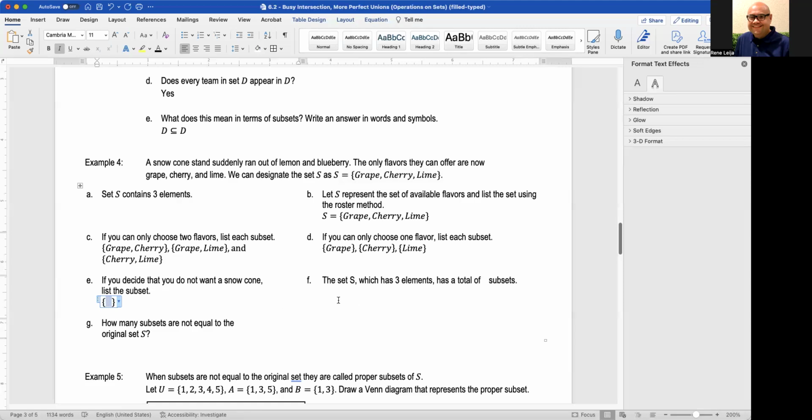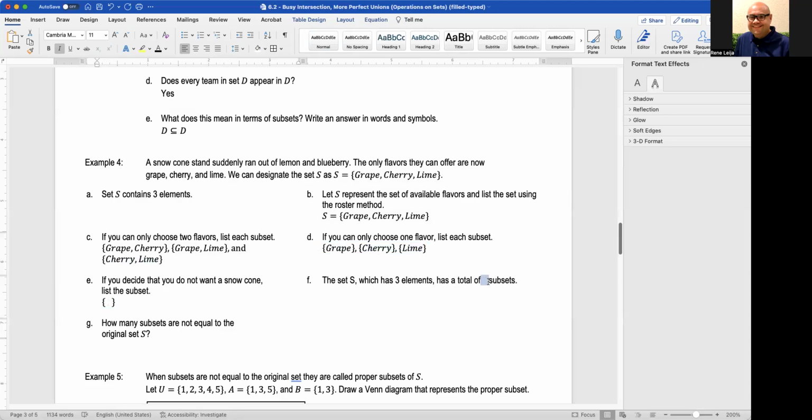All right, now the set S, which has three elements, has a total of how many subsets? So remember this, the set grape, cherry, lime is a subset of itself. So that's 1, 2, 3, 4, 5, 6, 7, and then don't forget this one, it's 8.